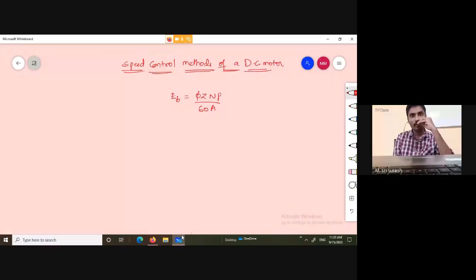Now I want a speed equation. In this equation, N represents the speed, and we are talking about the speed control methods.